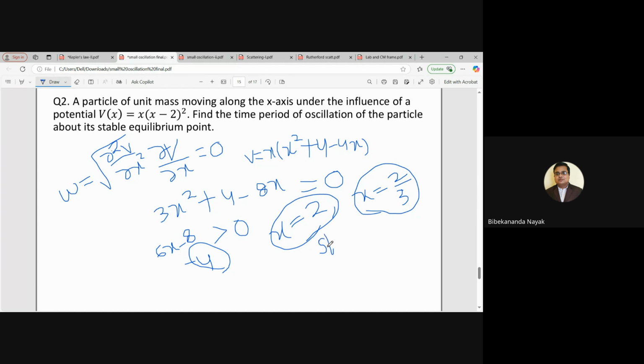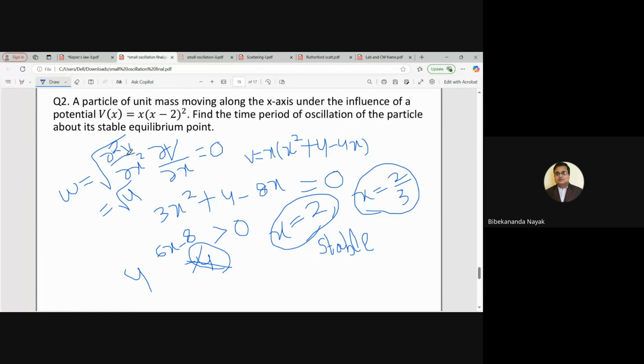Isn't it? Yes, sir. We need potential minimum. For potential minimum, the second derivative is greater than 0. So for this, we found 6x minus 8, which is plus 4. So omega will be root over of plus 4. Here also you can check because it should be a valid quantity.